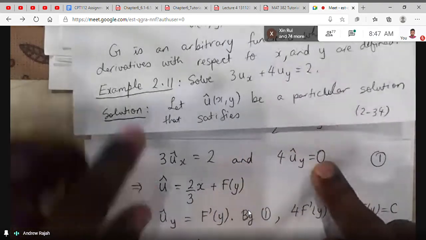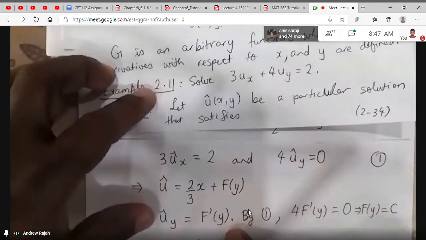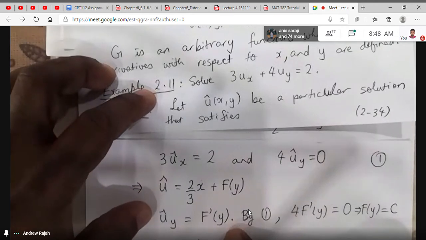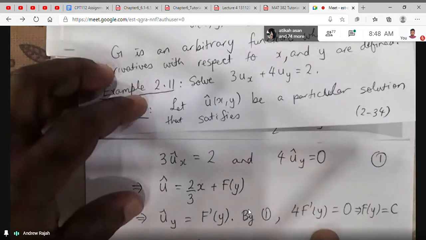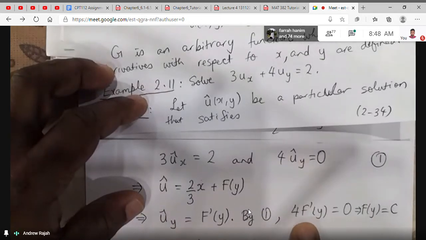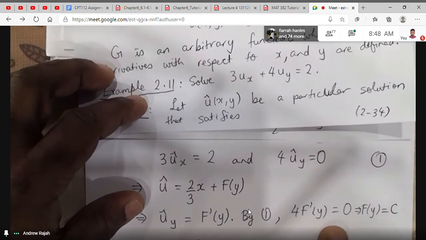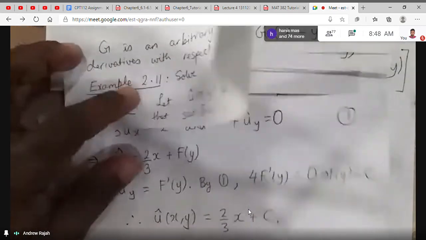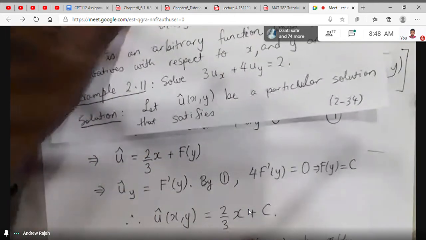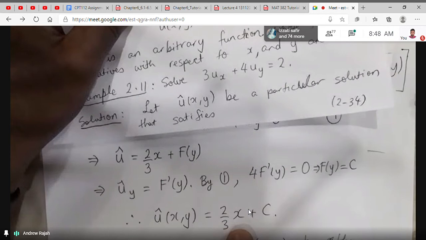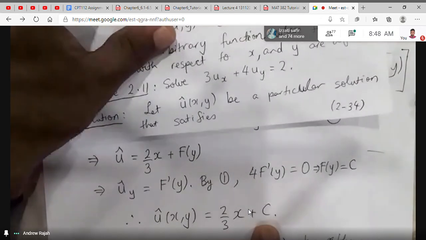Then you have to substitute into the next equation. You differentiate it once, and then 4 times f prime(y) equals 0. So f prime(y) is 0, f(y) must be a constant. So you got u(x,y) equals 2 over 3 x plus c.